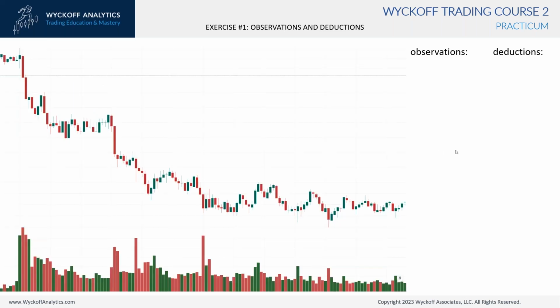Okay, you thought that 8 points were so many points that we need to observe. How about a whole chart with 100 bars right here? Wow.